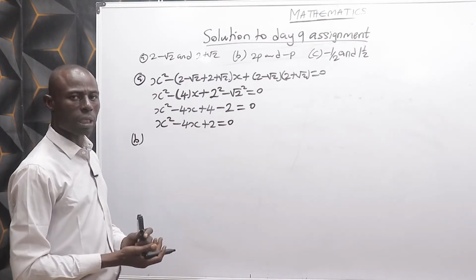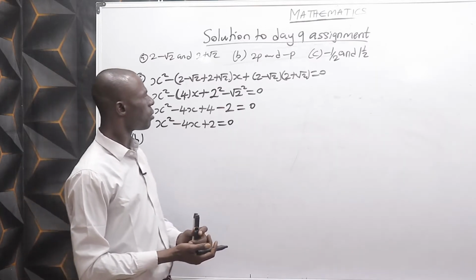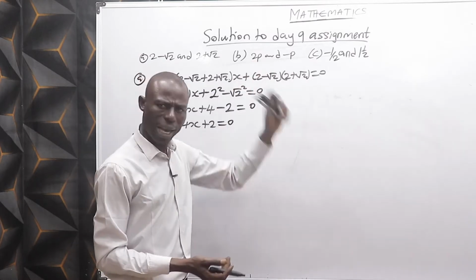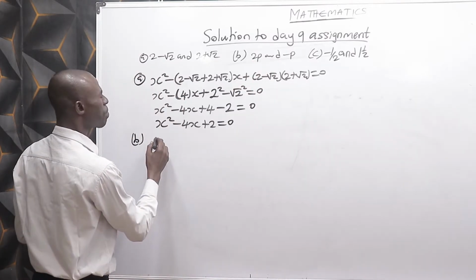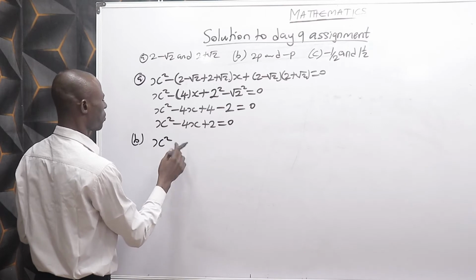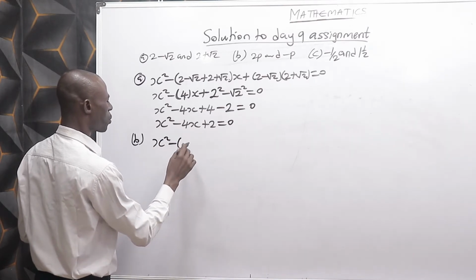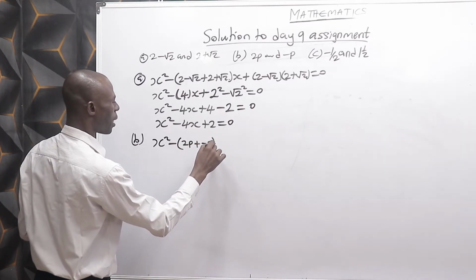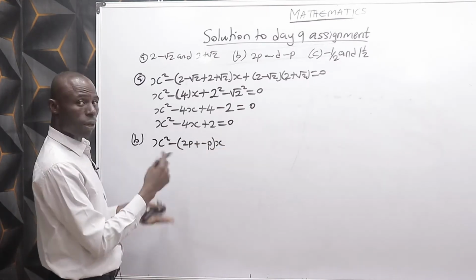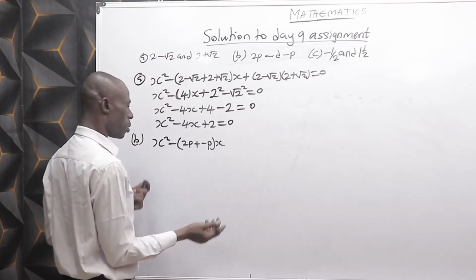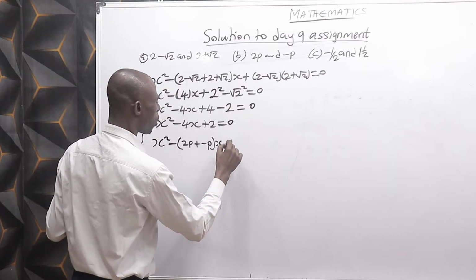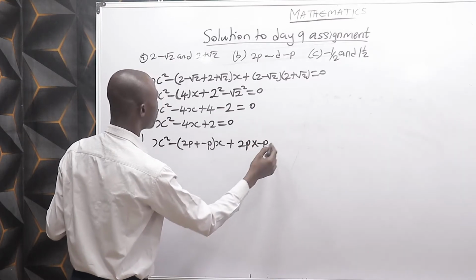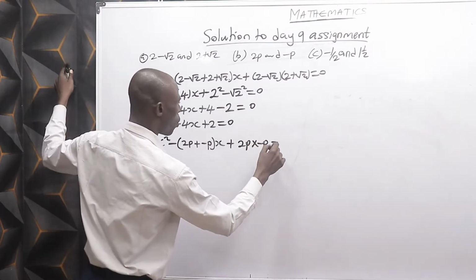Find the quadratic equation in x variable whose roots are 2p and minus p. You write x squared minus 2p plus minus p. Anyhow, you could write minus p plus 2p, it's all the same, plus 2p times minus p, the product, equals 0.